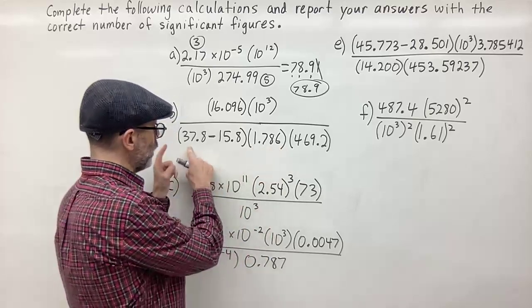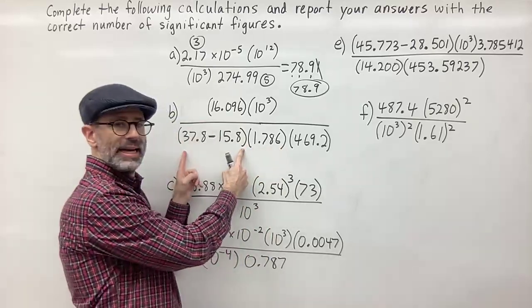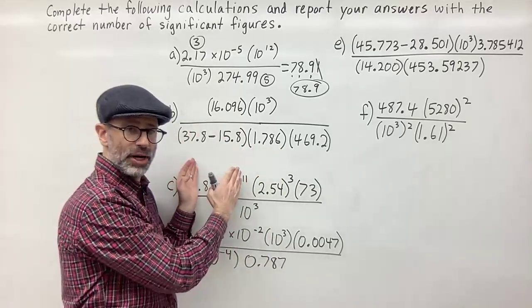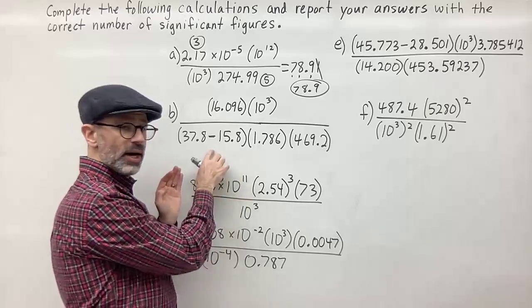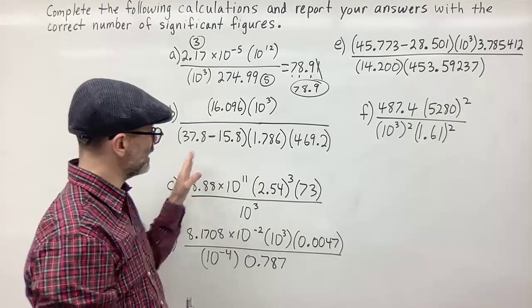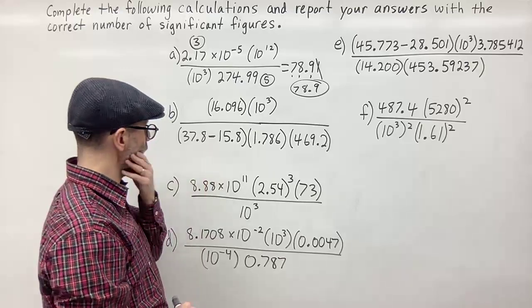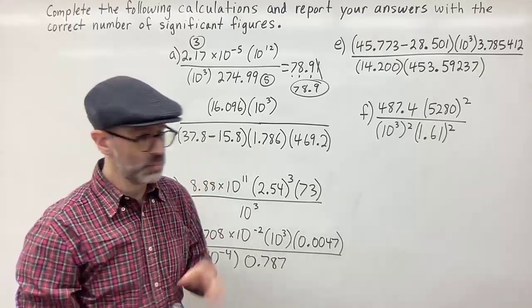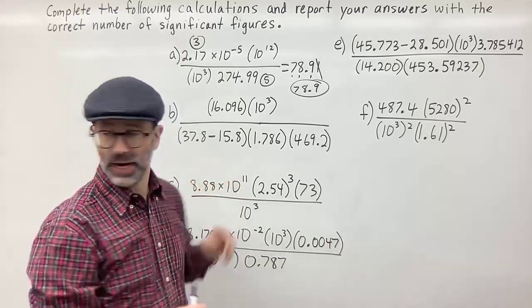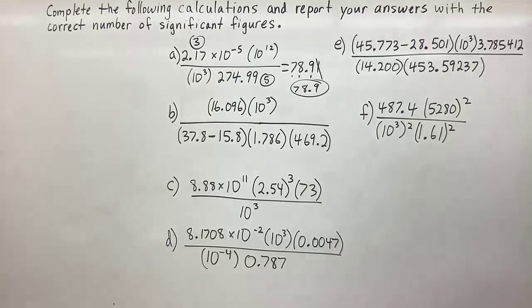But here we have parentheses with an operation going on inside, so we want to do this first. But there's a different rule regarding sig figs for this one. So let's go ahead and do that. If we subtract it out, where's my calculator?